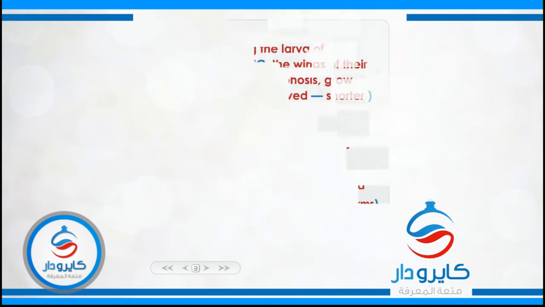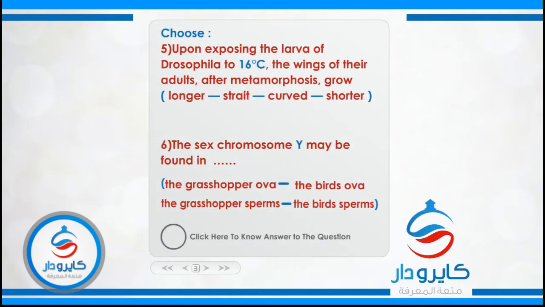The next question. Upon exposing the larva of the Drosophila to 16 degrees Celsius, the wings of the adults after the metamorphosis grow to form longer, straight, curved, shorter.